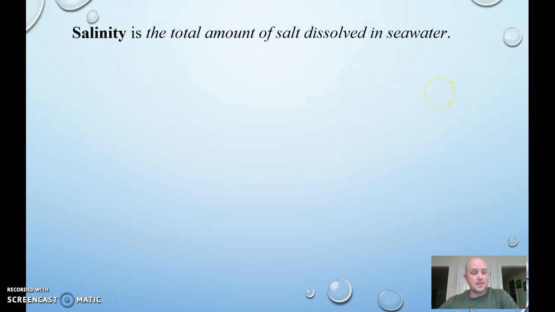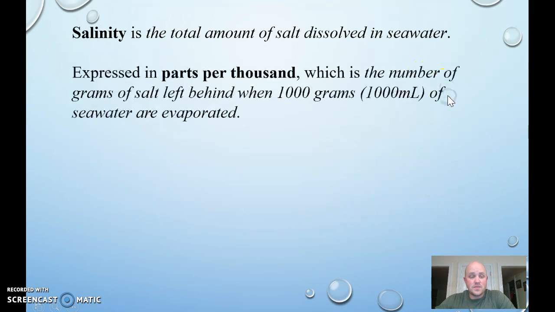So salinity is the total amount of salt dissolved in the seawater. This can change. It's expressed in parts per thousand, which is the number of grams of salt left behind when 1,000 milliliters of seawater is evaporated.